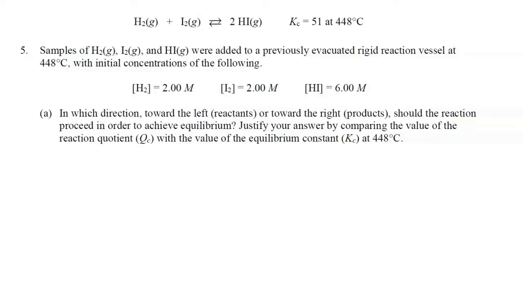But what makes question 5 different is that instead of starting with just reactants and no products, or just products and no reactants, here in question 5, as you can see, it says samples of hydrogen, iodine, and hydrogen iodide were added to a previously evacuated rigid reaction vessel at 448 degrees Celsius with initial concentrations of the following.